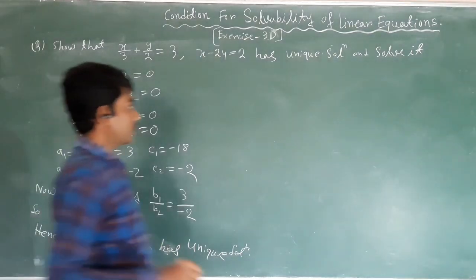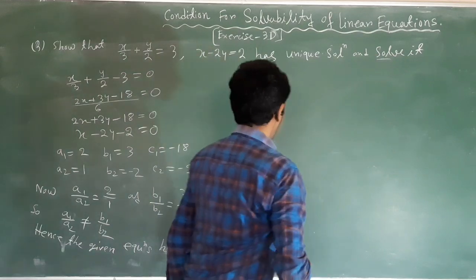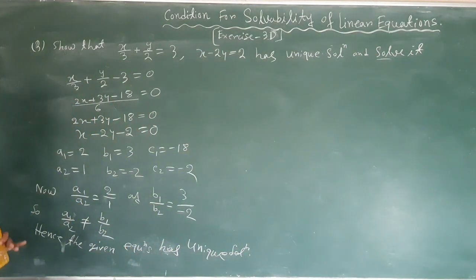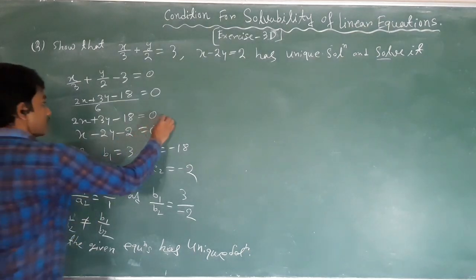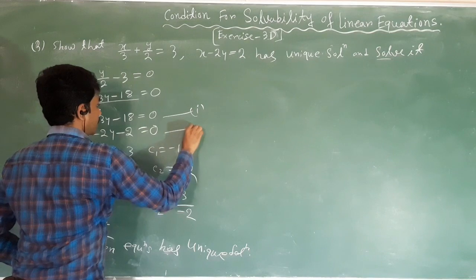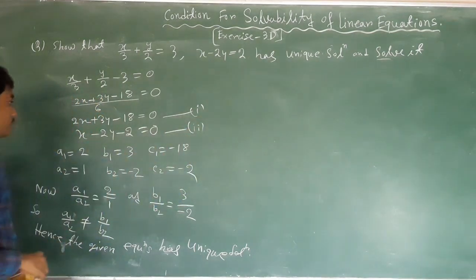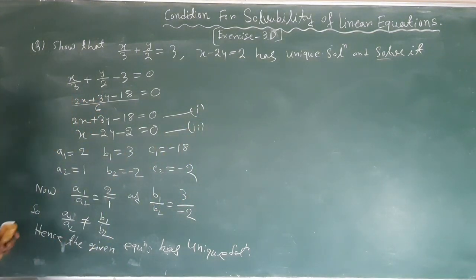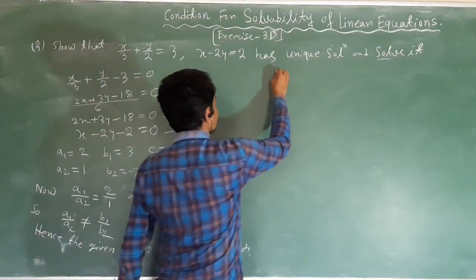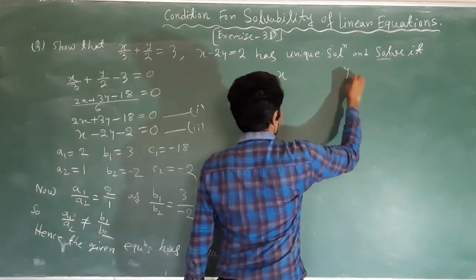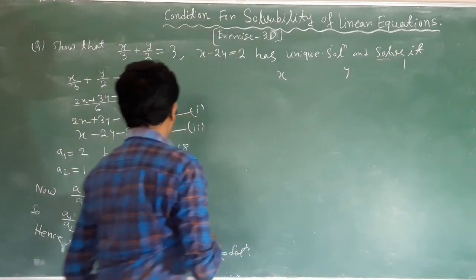Now we solve the second part. Solve it means we have to find the values of x and y. So now we solve equation 1 and equation 2 by cross multiplication. So x, y, 1.